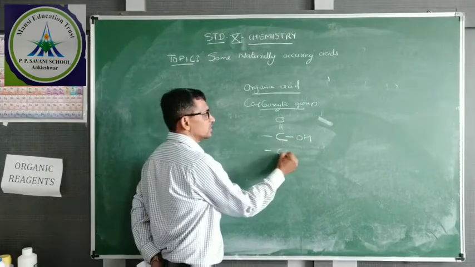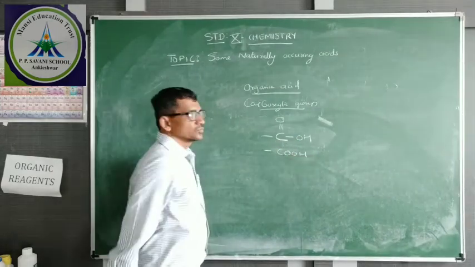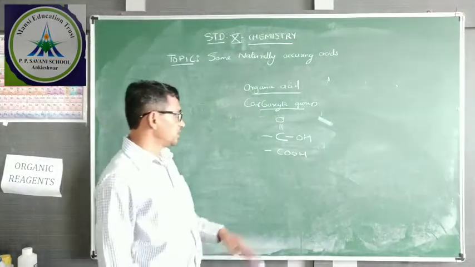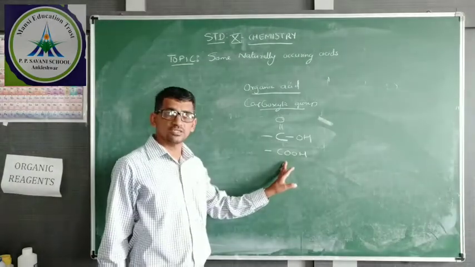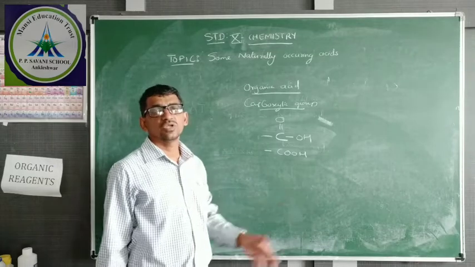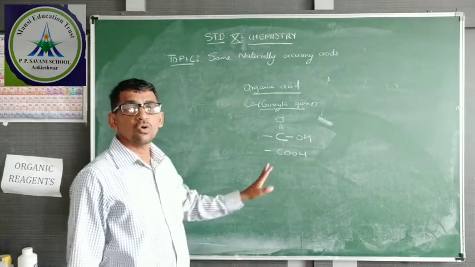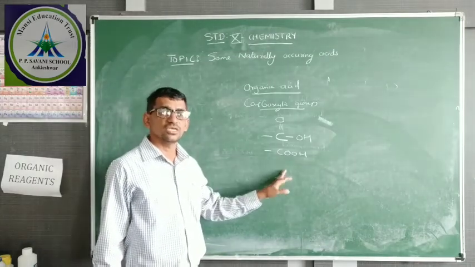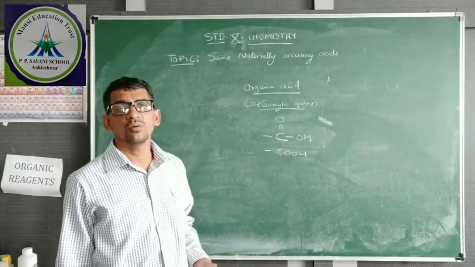In short, it is written COOH. The acid which contains the COOH group, the carboxylic acid group, is known as carboxylic acid or organic acid. This acid is mostly obtained from nature.